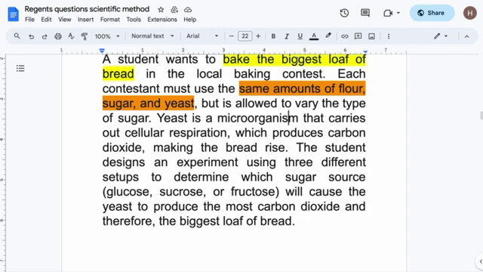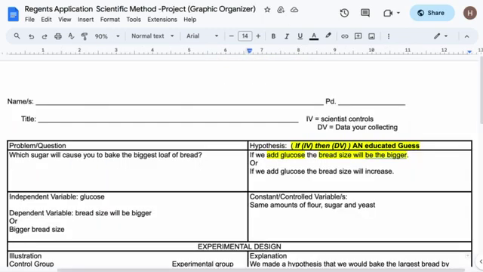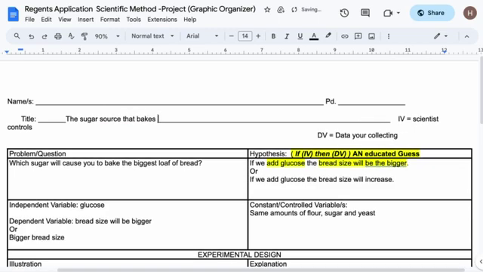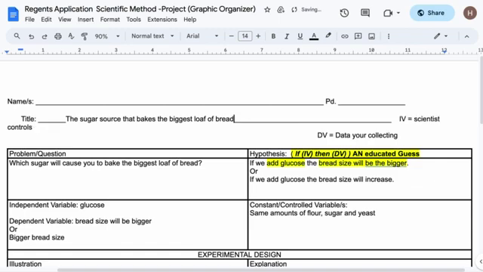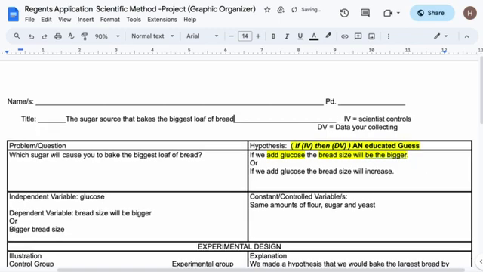So how about the sugar source that bakes the biggest loaf of bread. You may have chosen a completely different title, but it has to be something right around there.